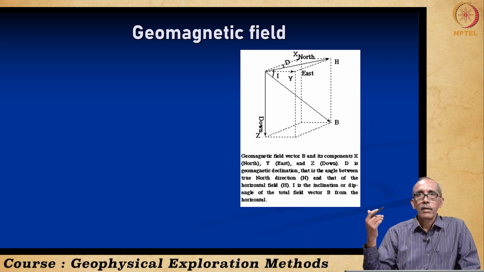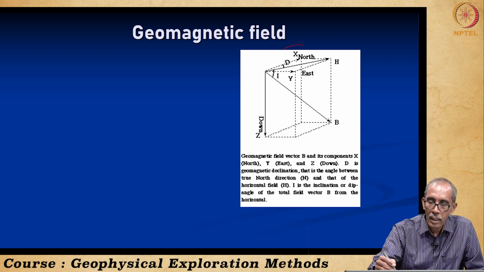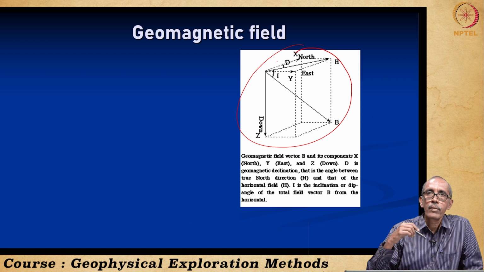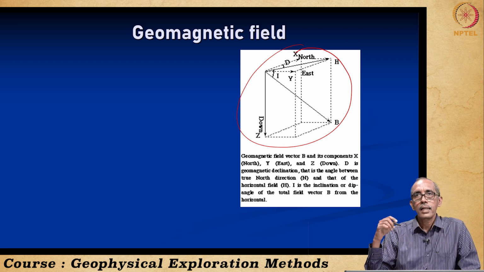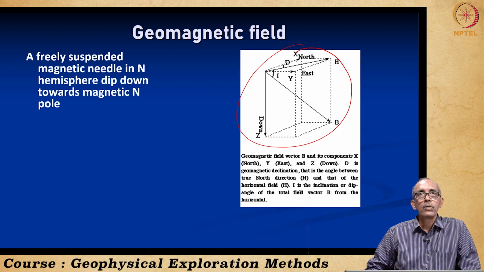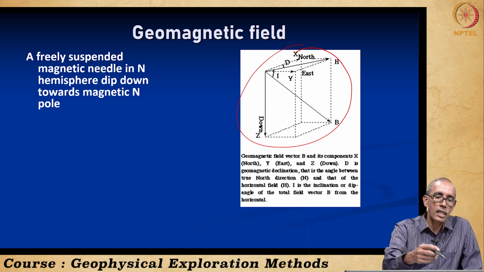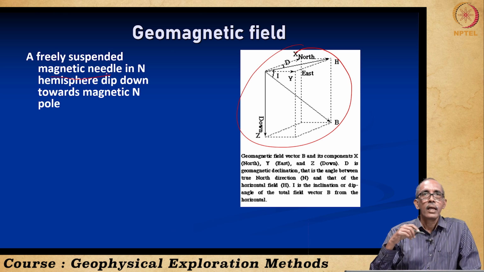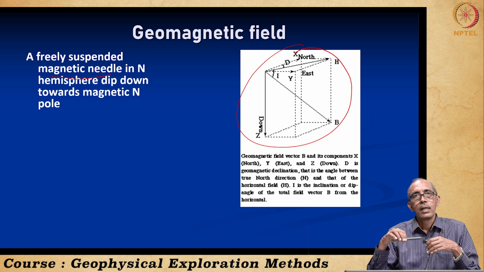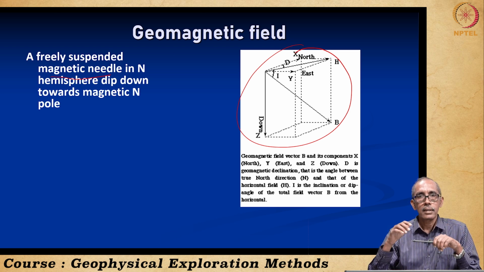Now, let us have a look into what we are going to measure in the magnetic methods. The geomagnetic field can be understood from this diagram. Before looking into this, let us see how a freely suspended magnetic needle on a thread will behave. Suppose you suspend a magnetic needle on a thread in the northern hemisphere. The needle will point a little bit downwards toward the magnetic north.